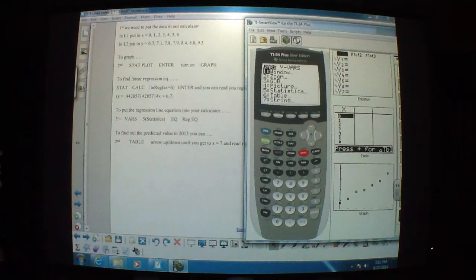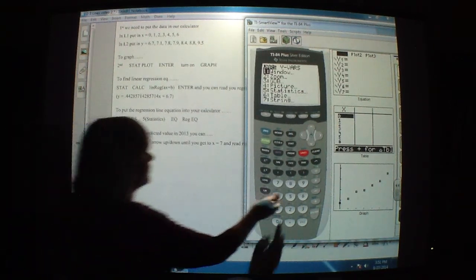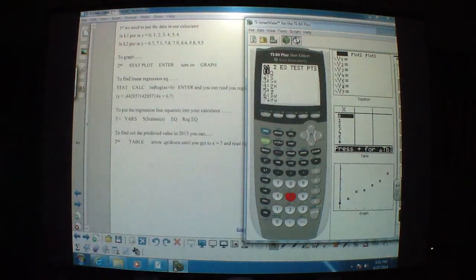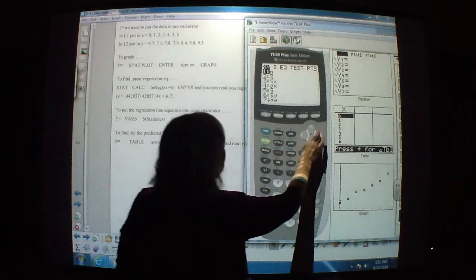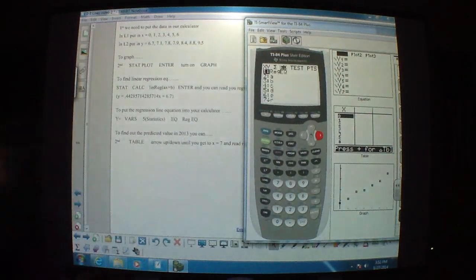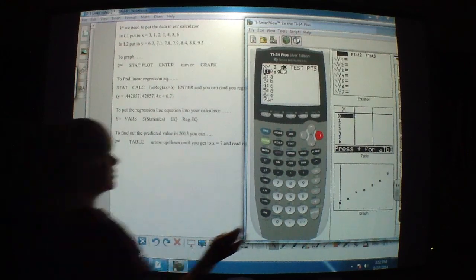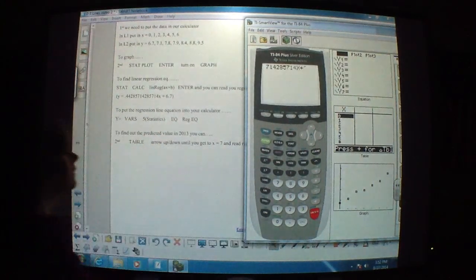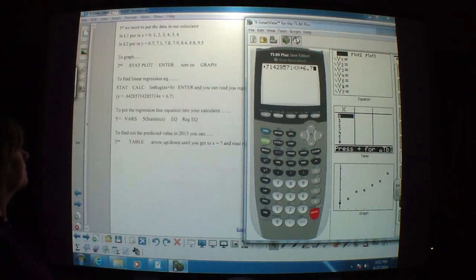You can go to statistics. You can go over to the right to equation. And the number 1 says RegEQ. And there's my regression equation.